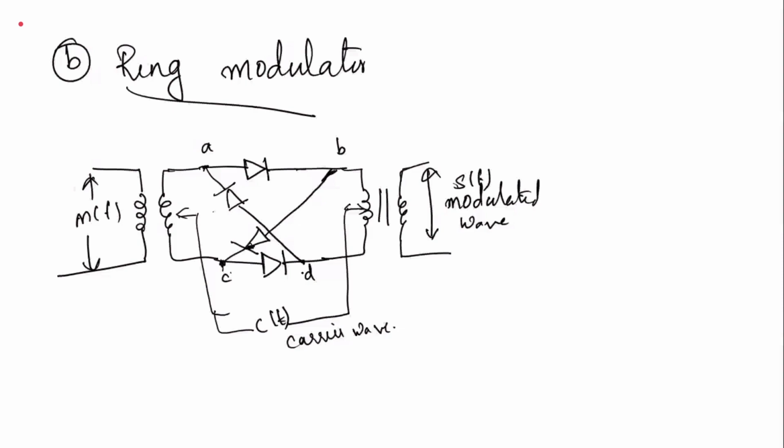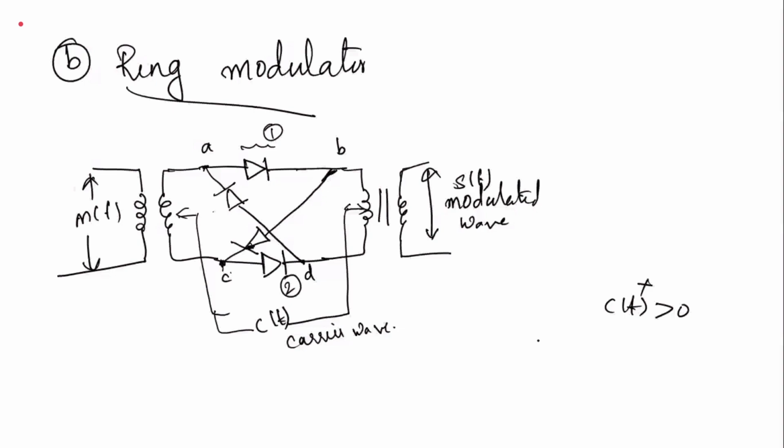When the carrier supply is positive, c(t) greater than 0, what happens? Here it is positive, here it is negative. Which diodes are going to be switched on? These are the outer diodes: this is diode 1, this is 2.